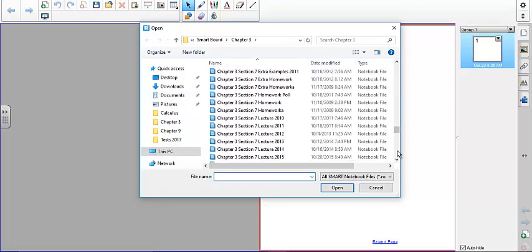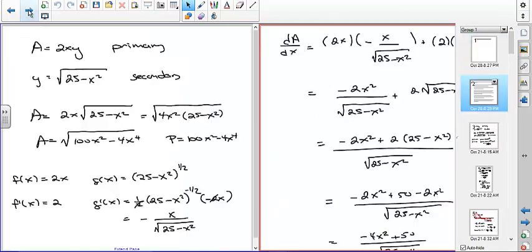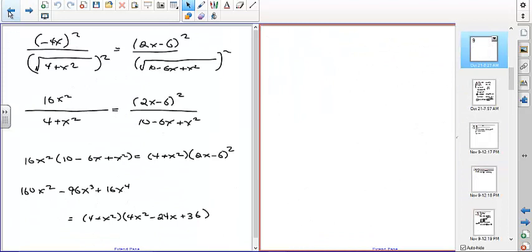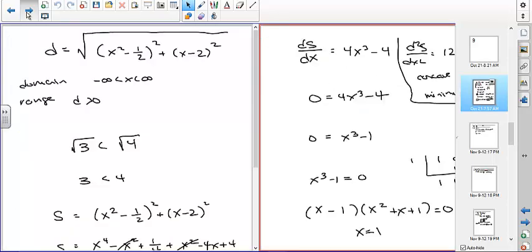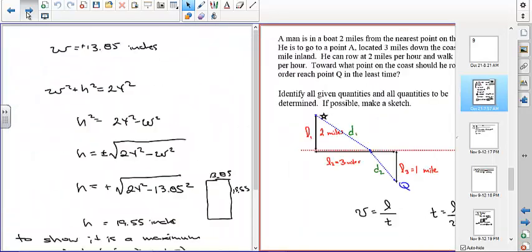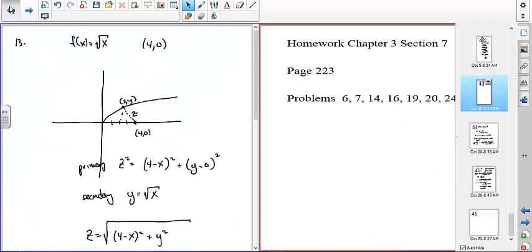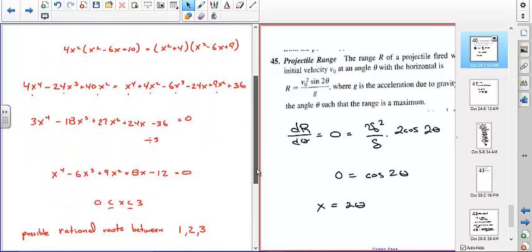Section 6, Section 7, last year. Oh, here it is. Actually, that's as far as I got last time. Let me see if I've got it anywhere. I know I've done it before. Oh, here it is.